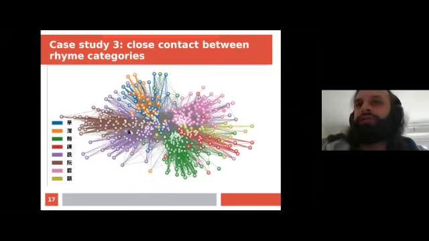Now, if we plot this community, and here the colors represent which Guangyun rhyme it is, we can see that we have something that is very tightly knit. If I remove all these colors and make them all blue, you would not notice that there are different groups, right? They are too closely stuck together.